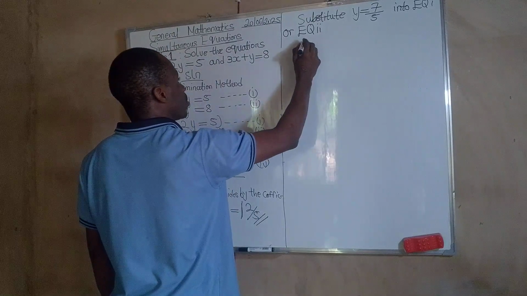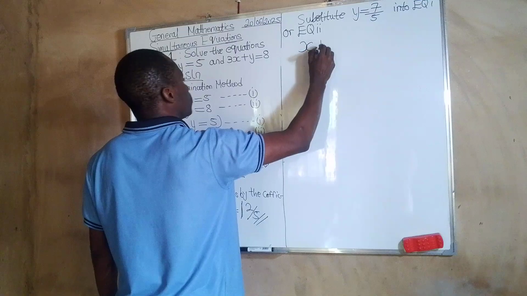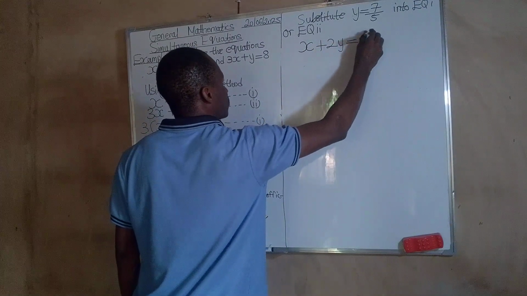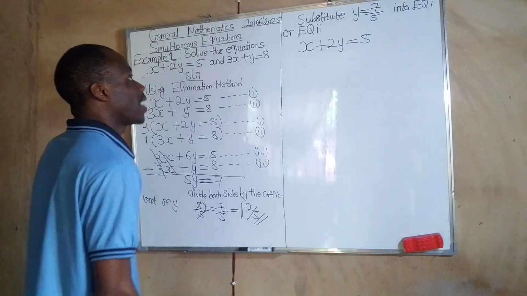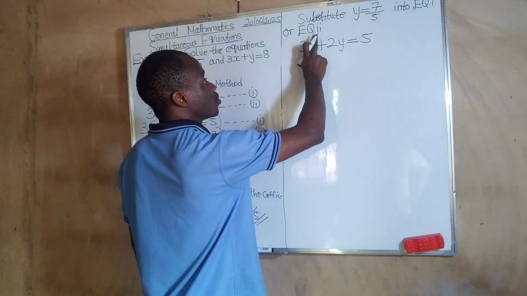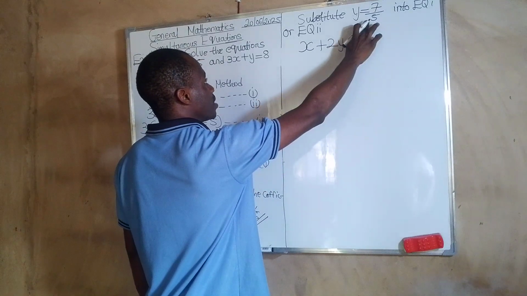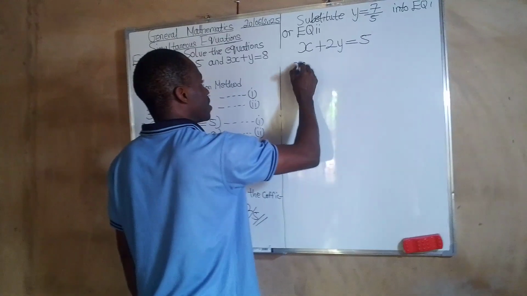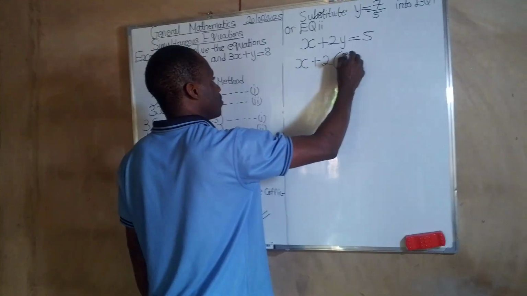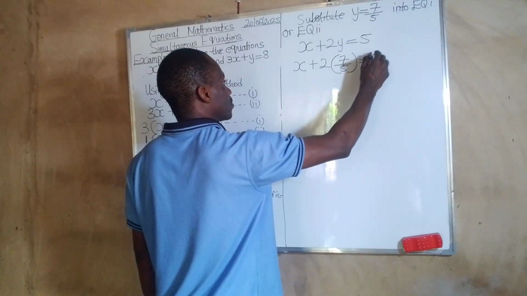It becomes x plus 2y is equal to 5. So I'm going to substitute y equals 7 over 5 into equation 2. Now remember, substitution means replacement. So it will be x plus 2 open bracket 7 over 5 equals 5.